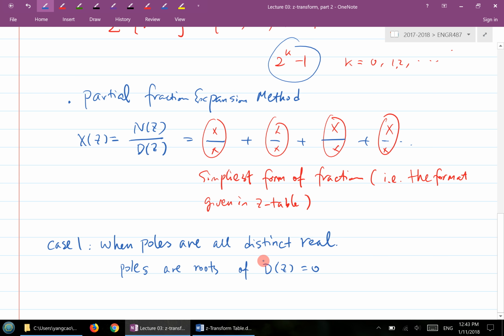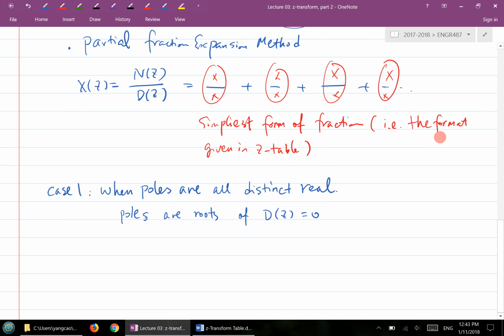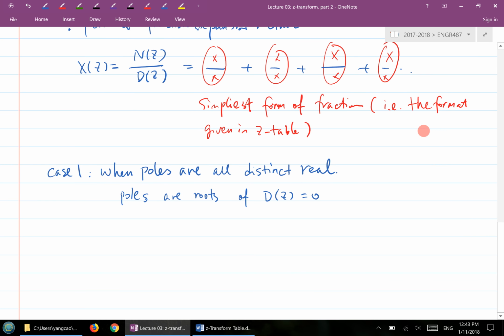All right. So let's look at one example here. Let's consider the general case.